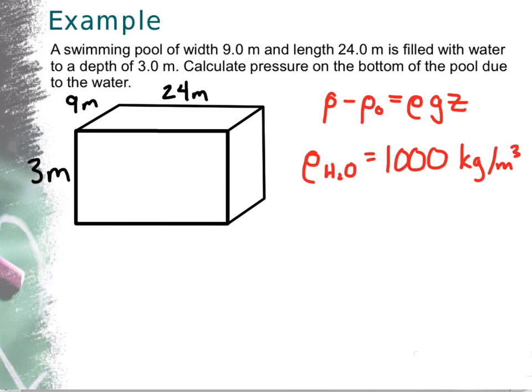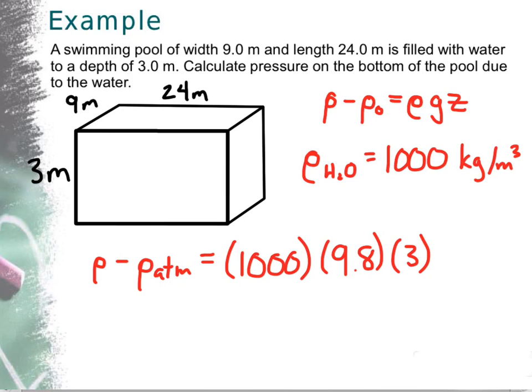So we can leave it at 1,000 kilograms per cubic meter. All right, so the amount of pressure at the bottom is P. The amount of pressure at top is atmospheric pressure. Don't forget we have a bunch of air pushing down on the top of the pool. So the top is going to be atmospheric pressure. And rho times G times Z I have there.